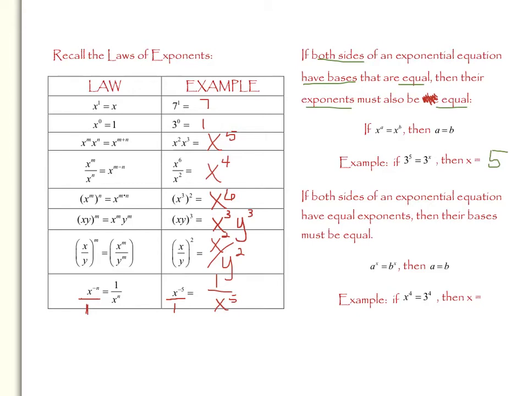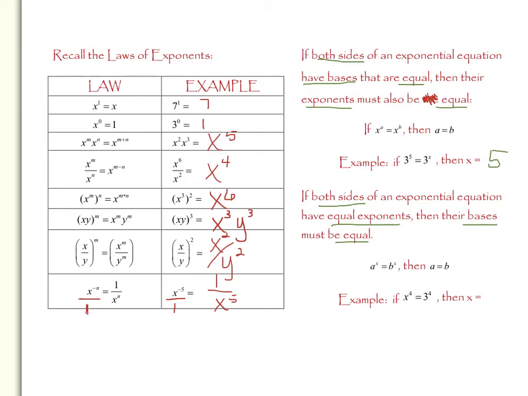Now let's look at another rule. If both sides of an exponential equation have equal exponents, then their bases must be equal. So then the rule looks like this. If a to the x power is equal to b to the x power, then a equals b. Meaning, if you have an equation where both of your exponents are the same, then the two bases must be equal to each other.